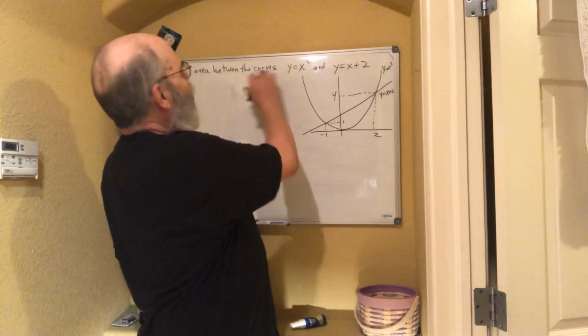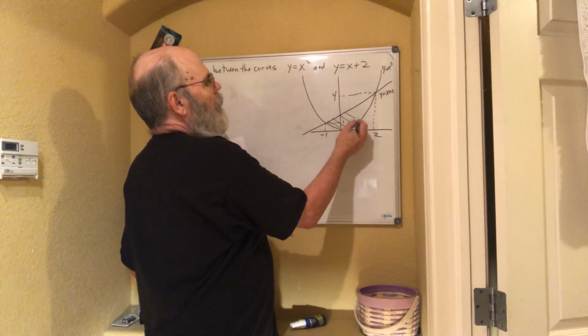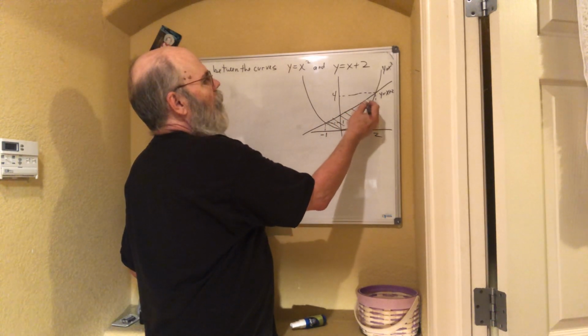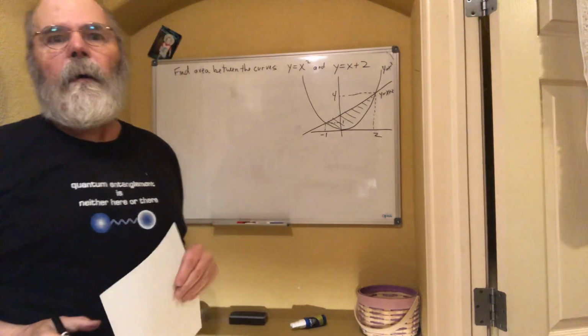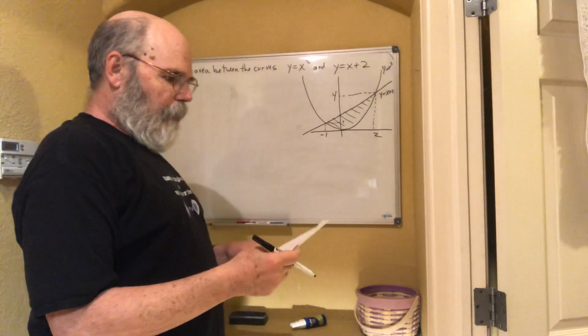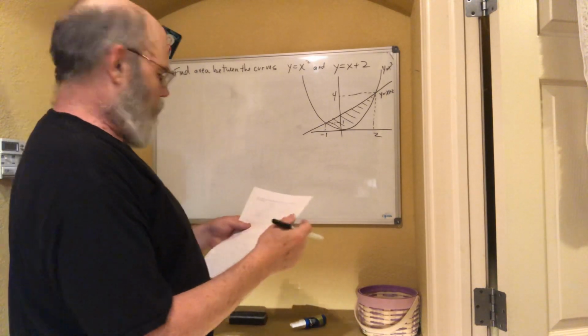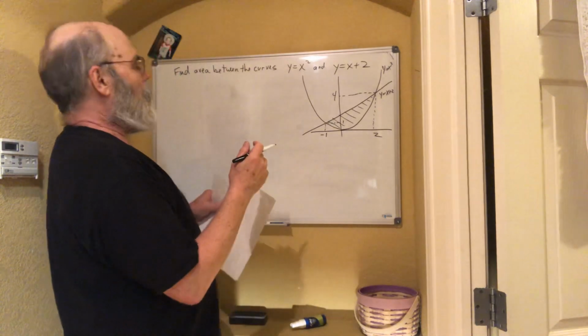And now I say the area between the curves. That means this is the area I'm looking for. All right? So now, like I said, we can do this in a couple of ways, and it doesn't matter what order we do it in here.